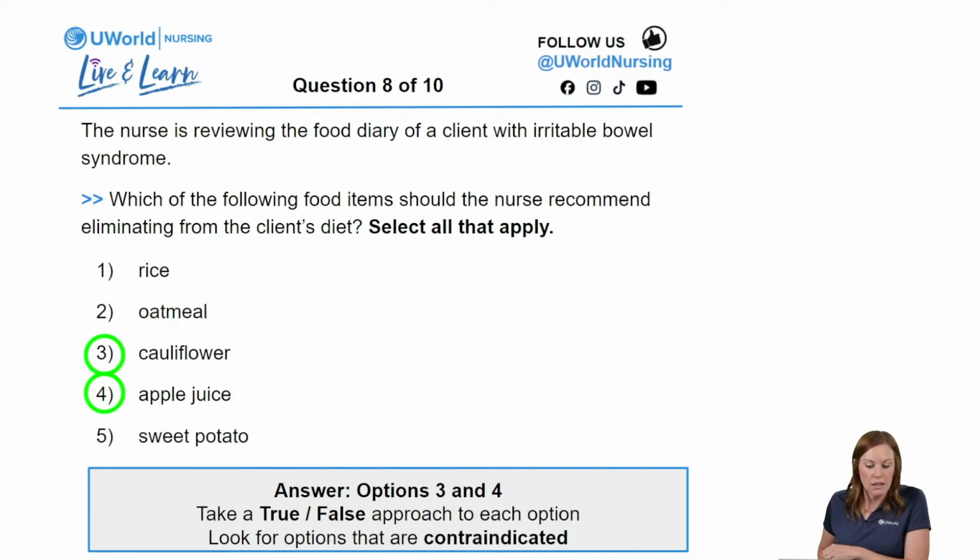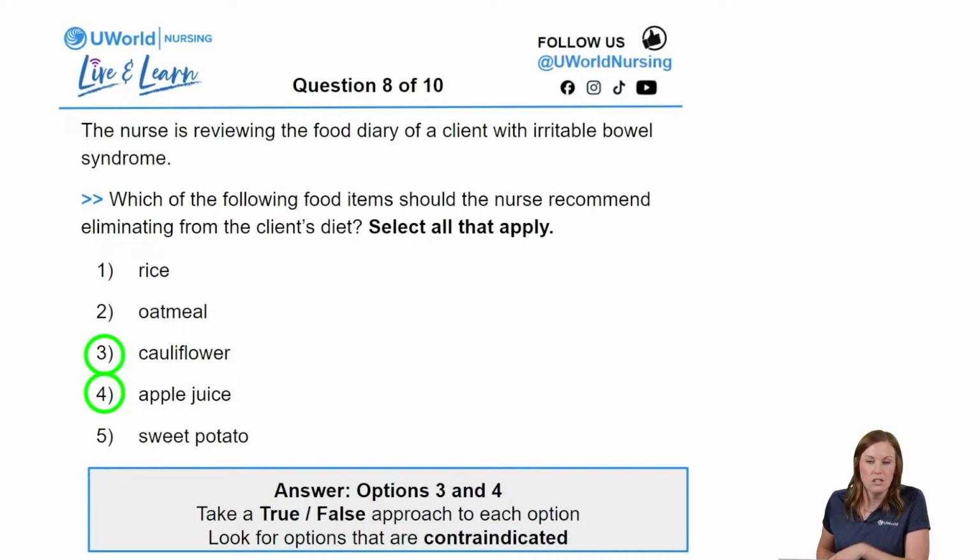Clients with IBS should restrict gas-producing foods. So think about cauliflower, definitely cauliflower, and also foods that might irritate the intestinal tract. That's where juice comes in, things really high in sugars. The diet that clients with IBS want to follow is called FODMAP.